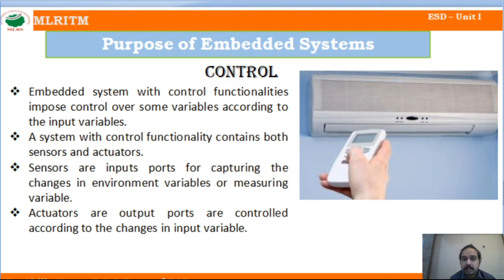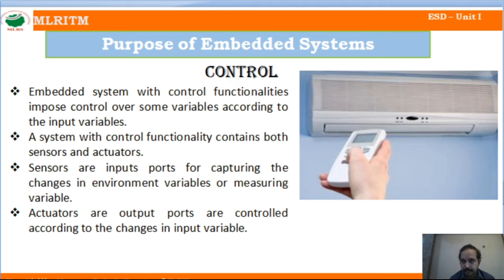The same is the case in an air conditioner. Once again, a temperature sensor is there. The temperature sensor will sense the temperature value, then these values will be sent to the microcontroller, and the microcontroller will always compare whether the value is greater than the given value or not.